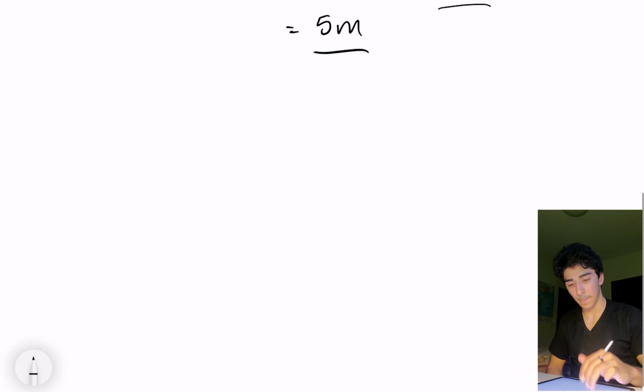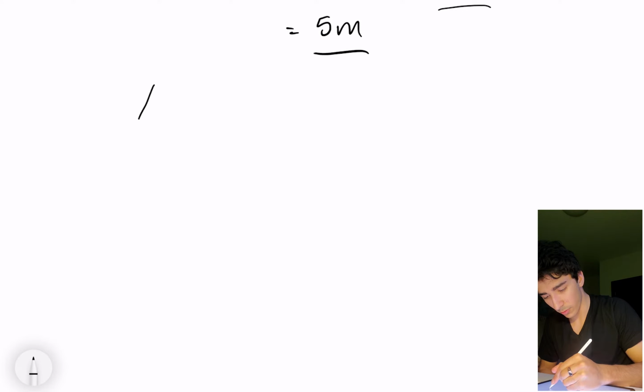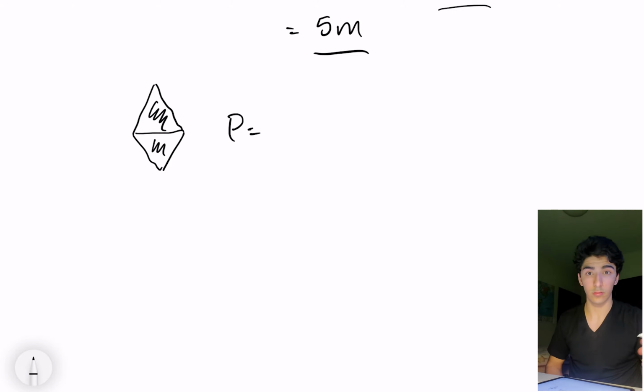Okay. But what about when it comes to them touching vertically? As we mentioned, that's also possible. So let's look at that. If this is wet, and this is wet, what is the perimeter of that? Well, once again, it's 2 times 3 meters.